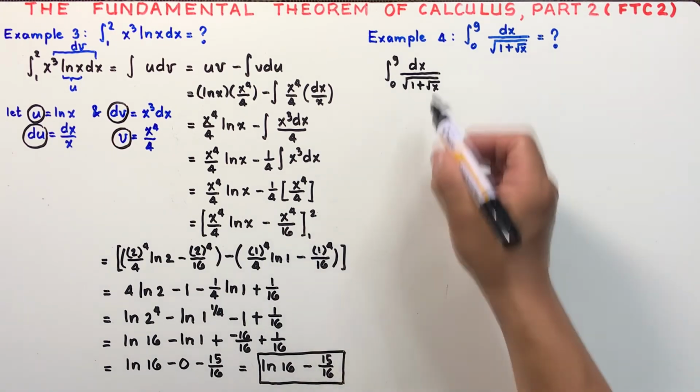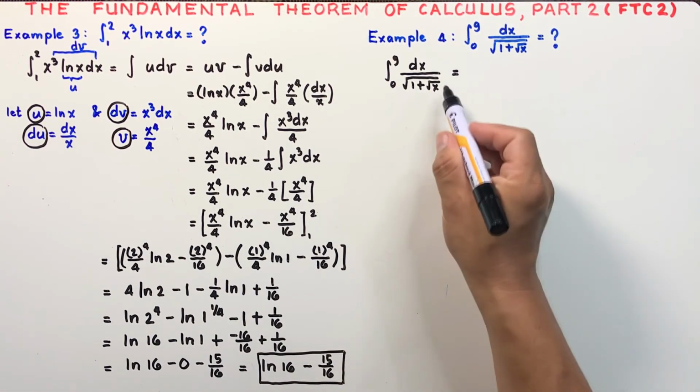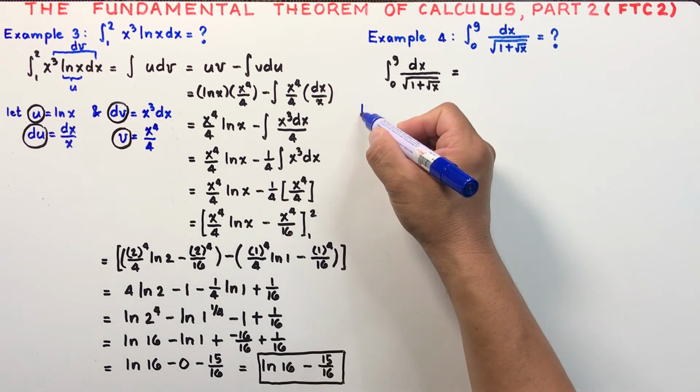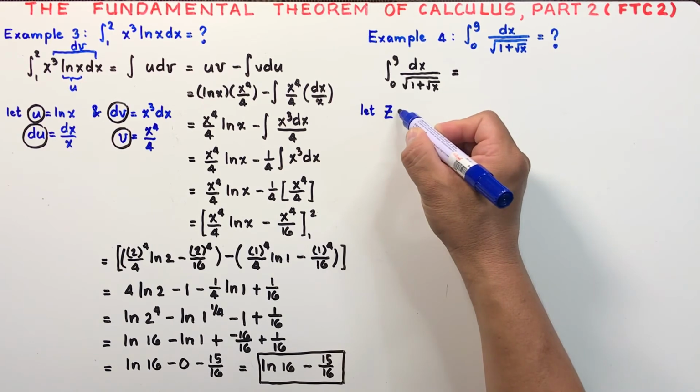Now, looking at this integral, we have something like nested square roots. So, to find the antiderivative of this integrand, we need to use an algebraic substitution. So suppose we represent this denominator with some variable, say z.